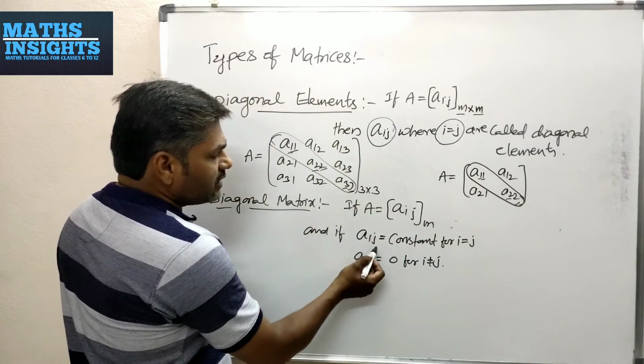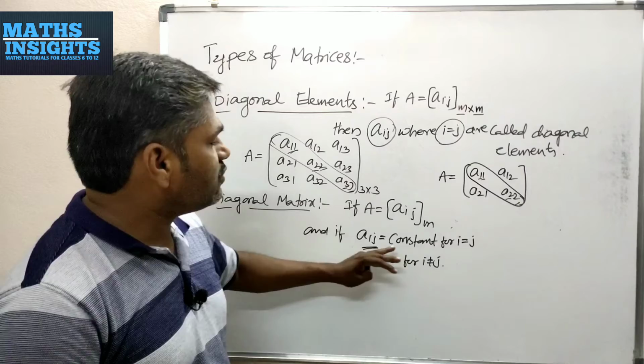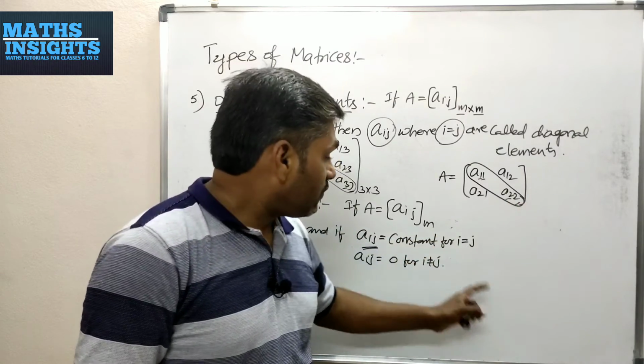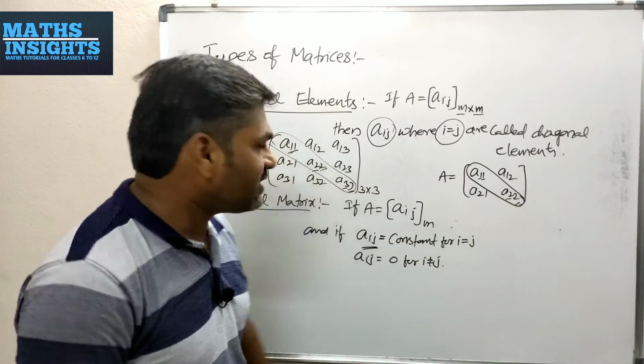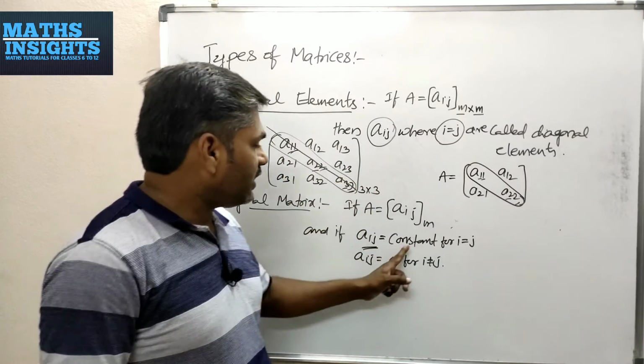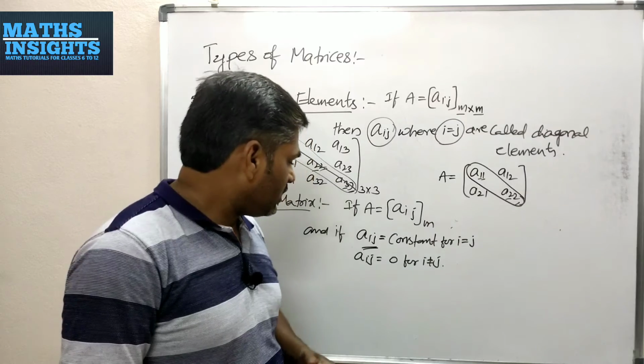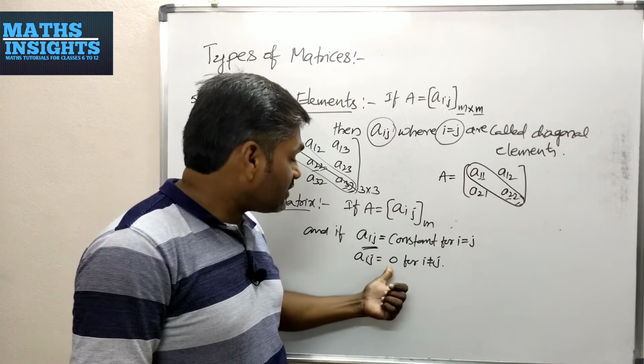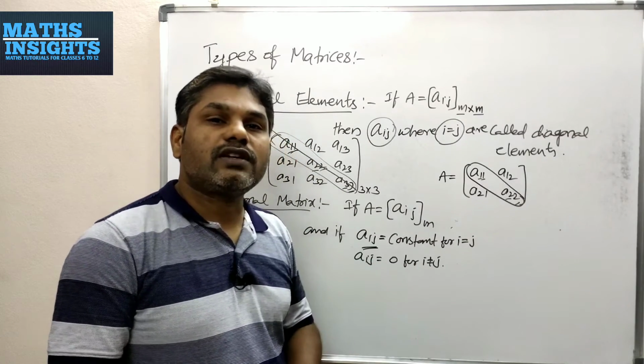So in this case, aij is equal to a constant, a number, for i is equal to j. In this area you have a constant value, a number, but aij is equal to 0 for i is not equal to j.